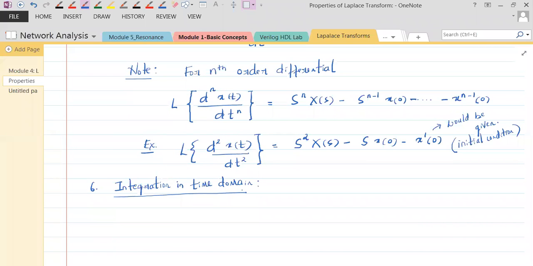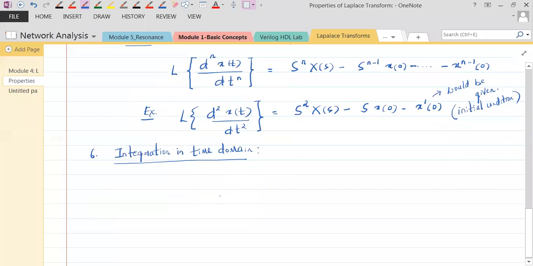Fine. Now, everybody see this. Similarly, as we have done for the other properties, let's again write. If x of t has the Laplace transform x of s, then the integration in time domain, right? So that means we need to integrate the time domain signal. How to integrate? 0 to t x of t dt.